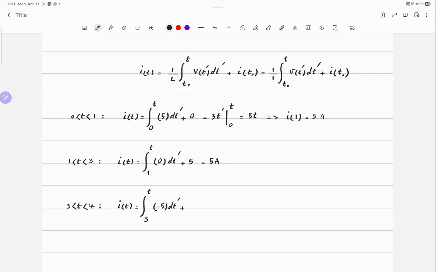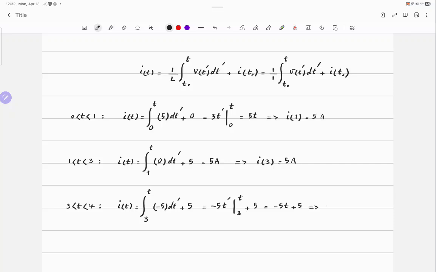And what is the initial value at t equals 3? Five, right? It's equal to -5 dt' from 3 to t plus 5, which is equal to -5t plus 5.